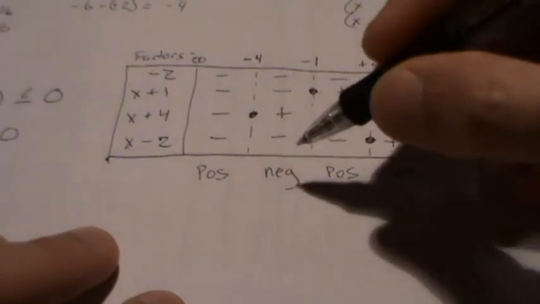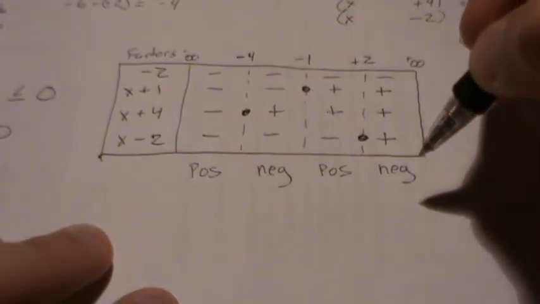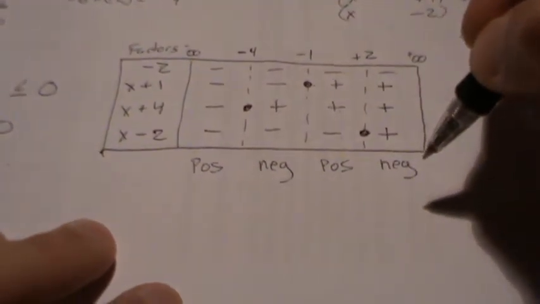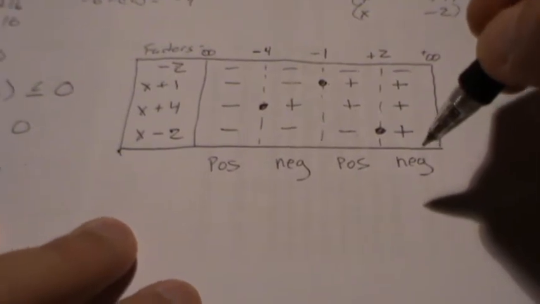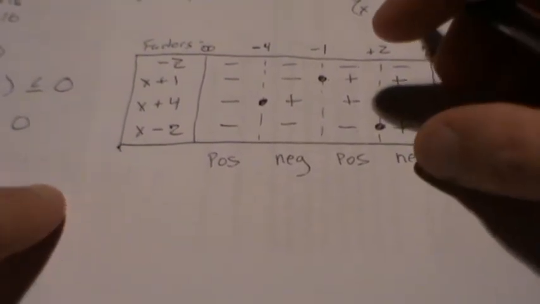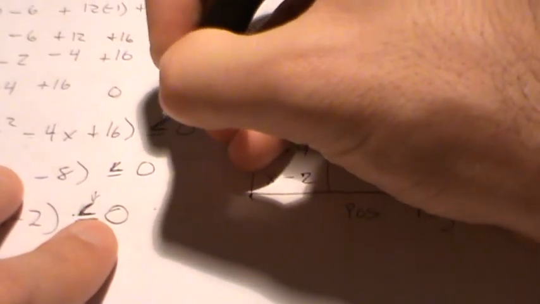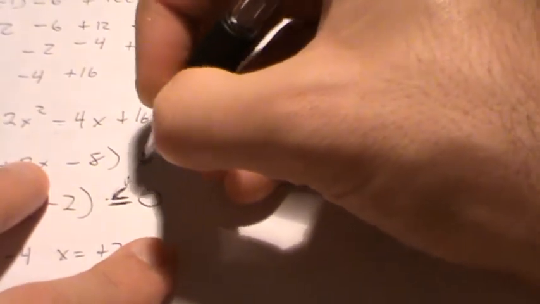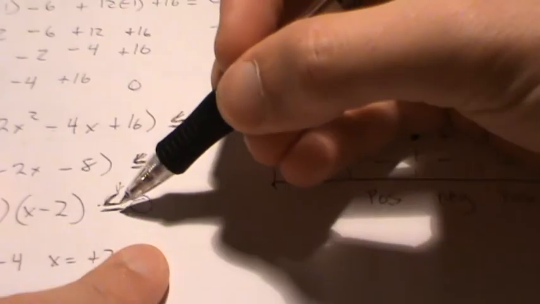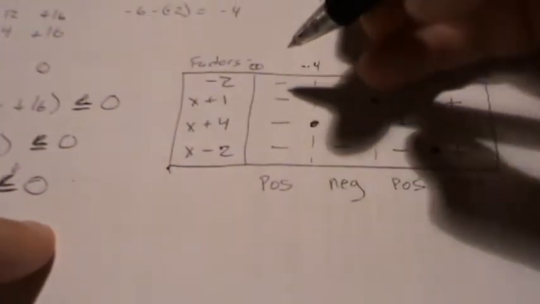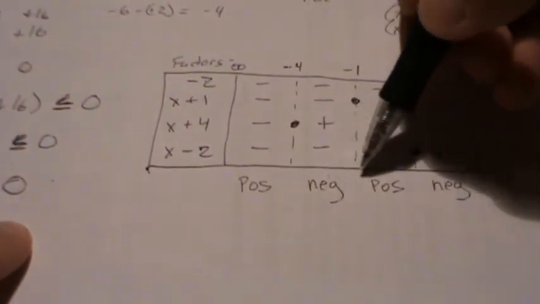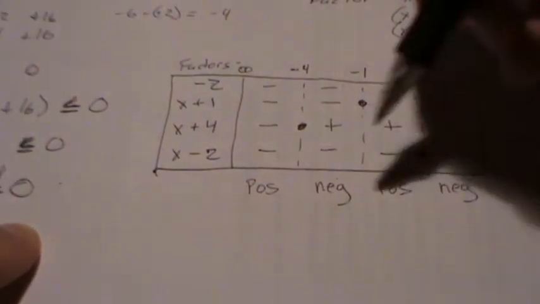So now these words here are going to be key. Notice over here, my function is, I'm interested in less than or equal to 0. Which of these numbers over here are less than 0? Positive numbers or negative numbers?